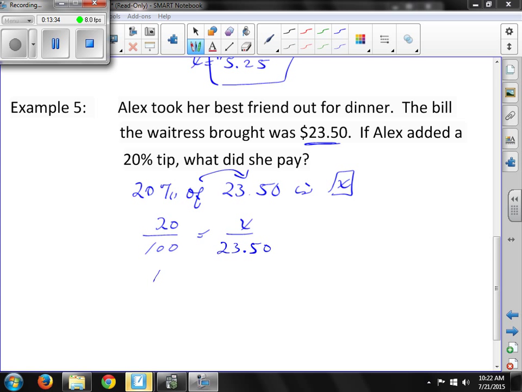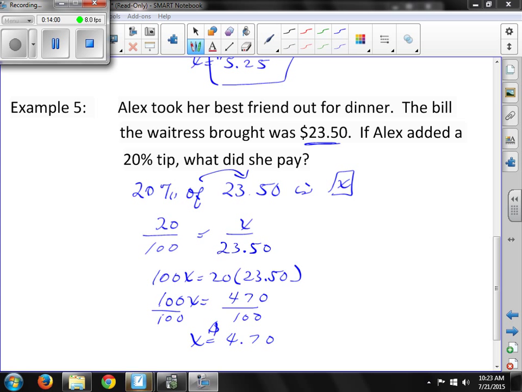So we'll cross multiply. 100x is equal to 20 times $23.50, or 100x is equal to, that would be 470. So then we're going to divide by 100, so x is equal to $4.70.